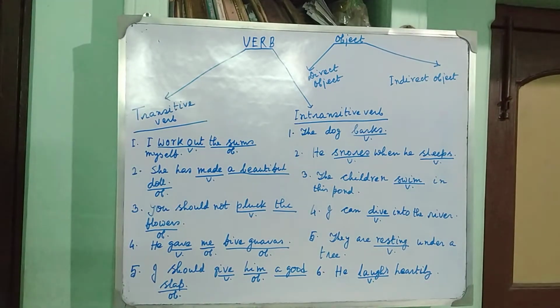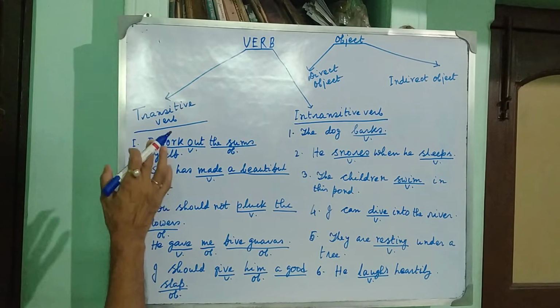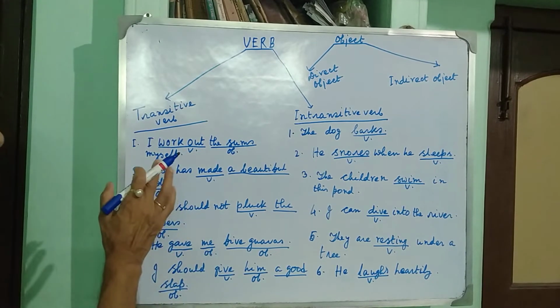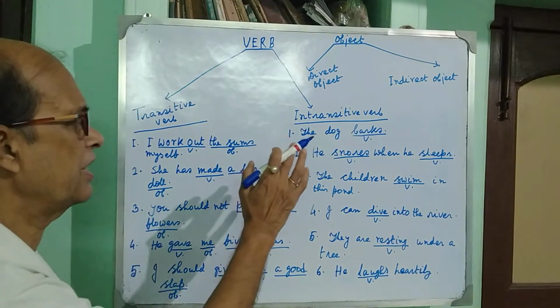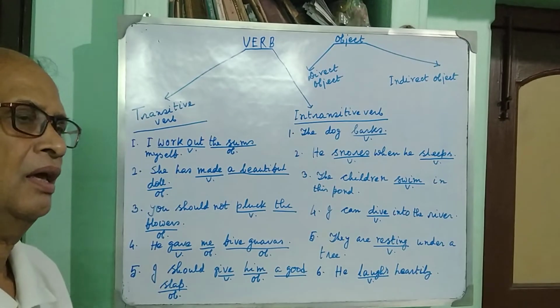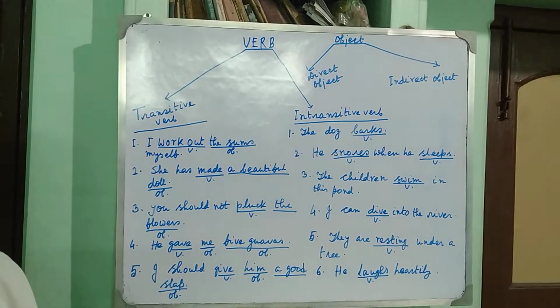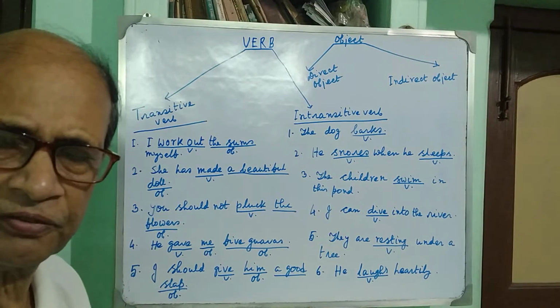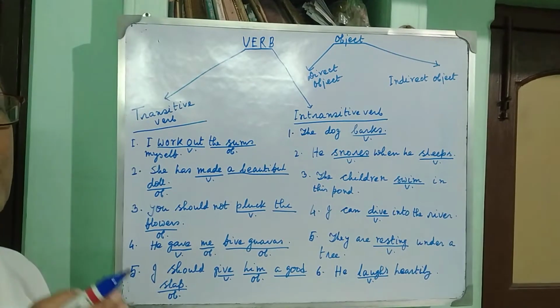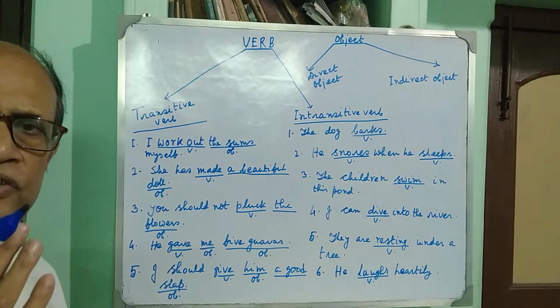You see that I have given some examples of transitive verb and intransitive verb. Okay? The verb having an object is called transitive verb, and the verb having no object is called intransitive verb.